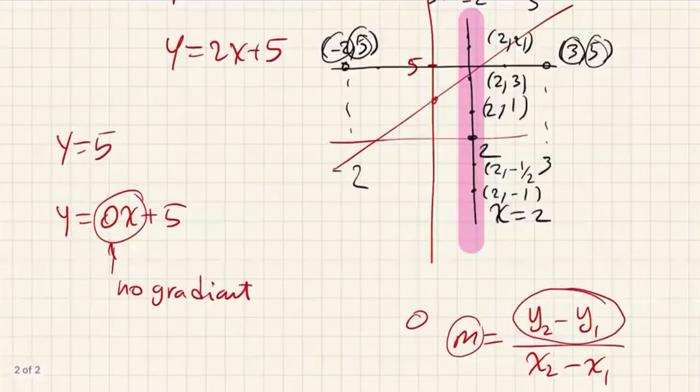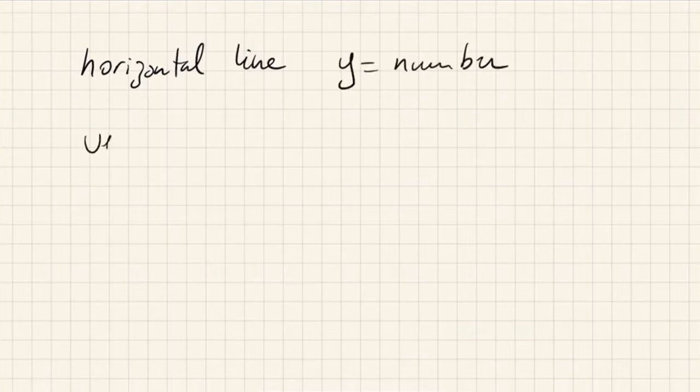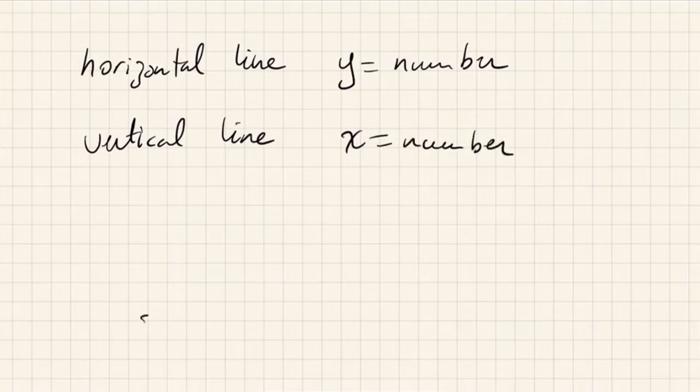So now you have to know that a horizontal line has equation y equals number. A vertical line has equation x equals number. So whenever you have to draw a line which is x equals 1 or x equals, for example, 5, you have to go on the x-axis at 5 and draw this vertical line.